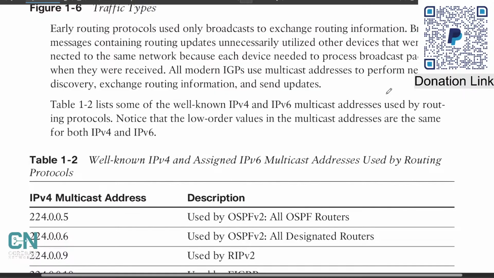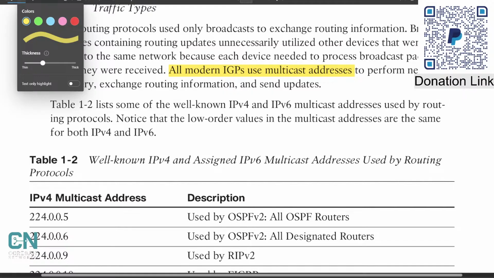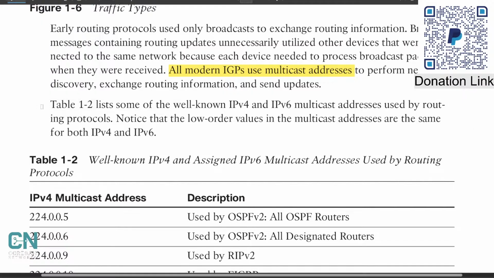All modern IGPs use multicast addresses. So here is important, I highlighted, to perform neighbor discovery. Neighbor discovery is important, and we can discuss more about it if you have a question. They also exchange routing information and send updates.